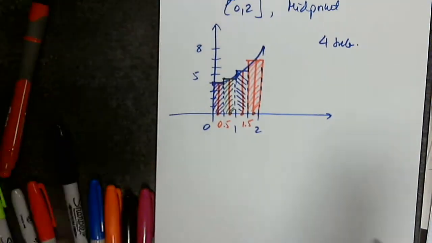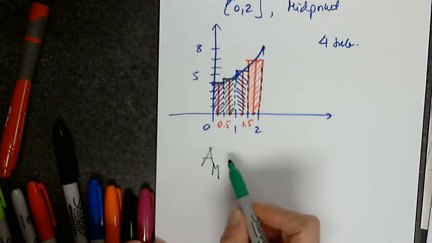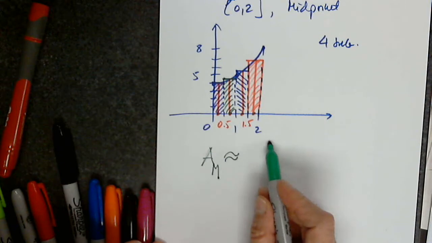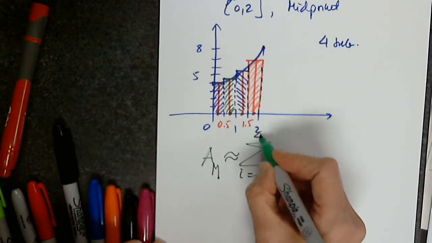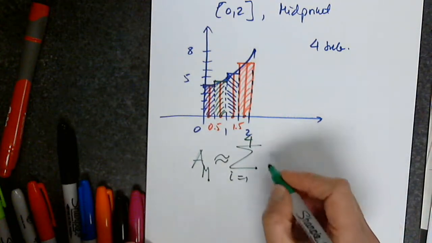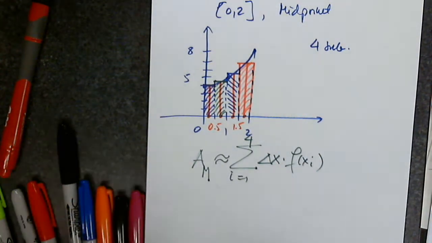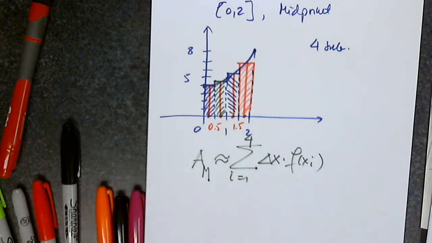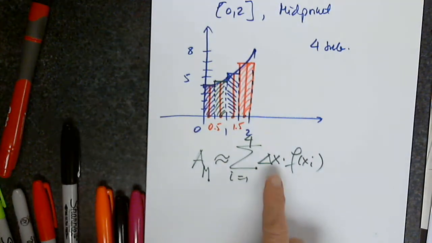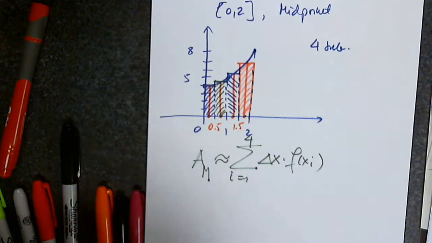So I will say the area with a midpoint is approximately the sum from i equals 1 through 4 of delta x times f of xi. I will explain the xi. Delta x does not depend on where I am, right?